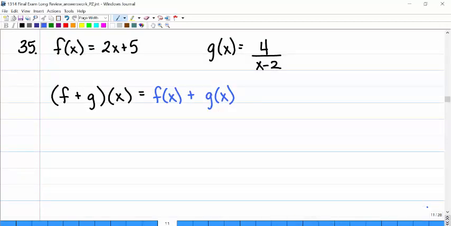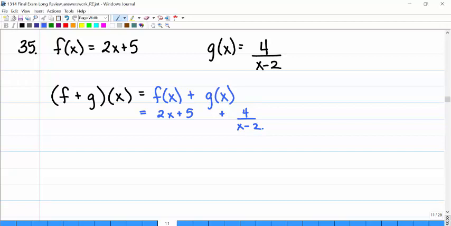For number 35, I'm given f of x equals 2x plus 5, and g of x equals 4 divided by x minus 2, and I'm told to find f plus g of x. By definition, that's f of x plus g of x. So I get 2x plus 5 plus g of x, which is 4 over x minus 2.